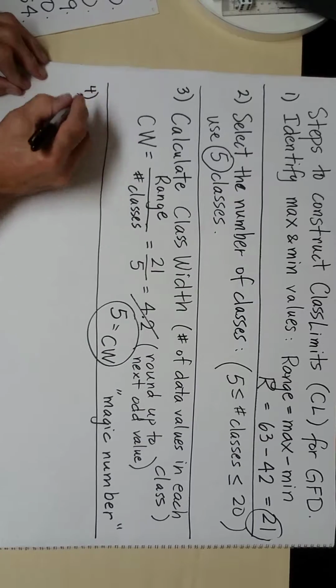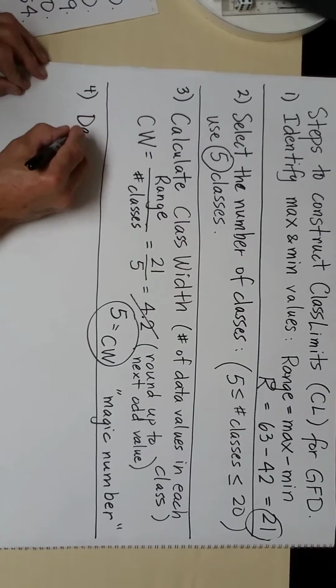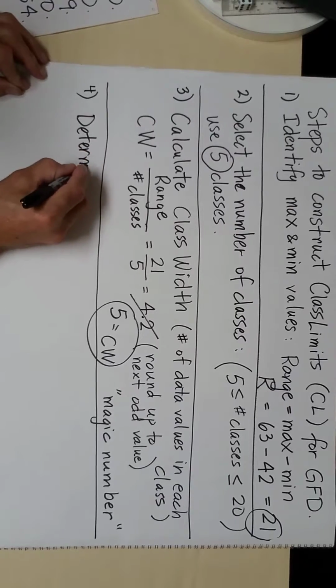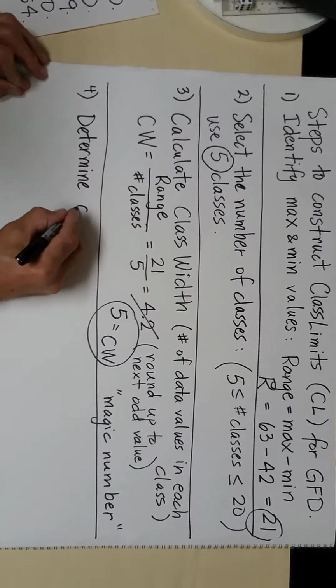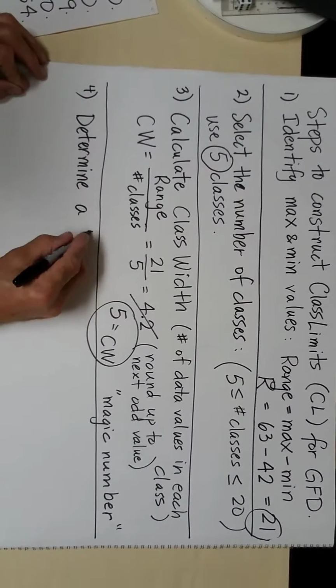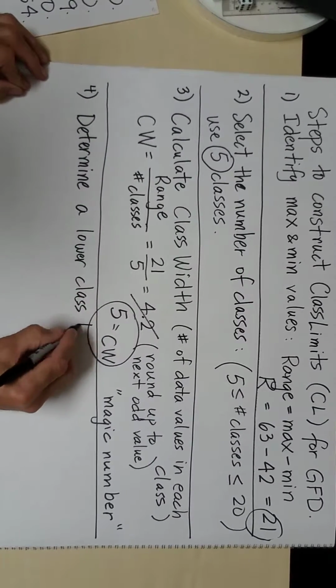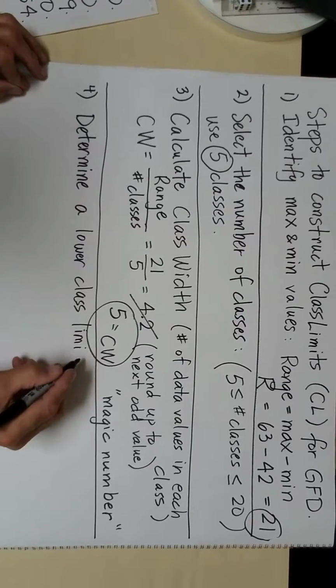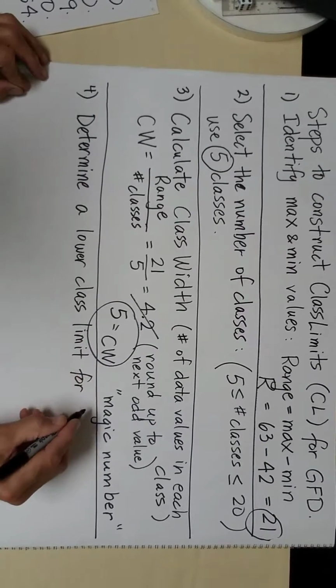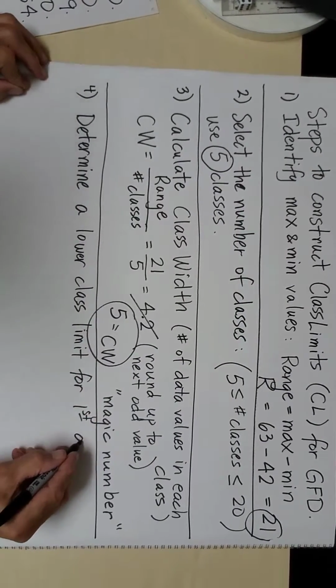Step 4 is to determine a lower class limit for the first class.